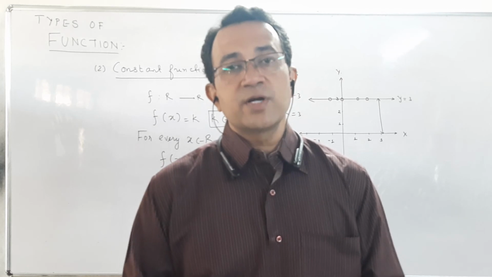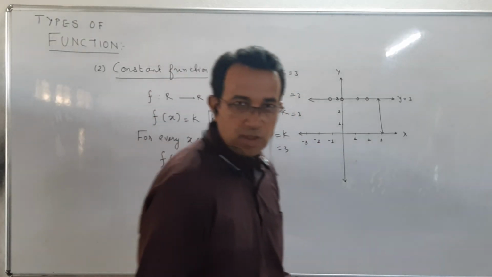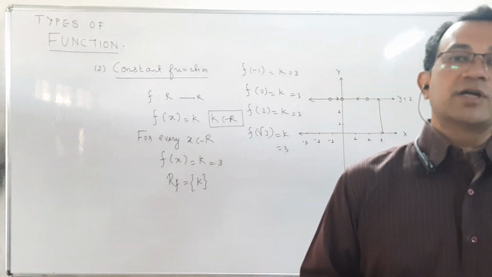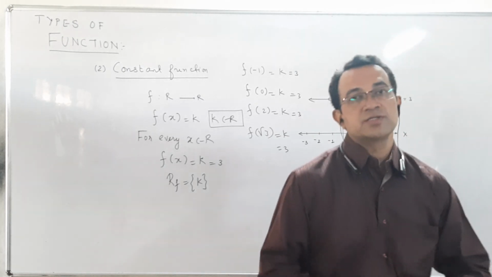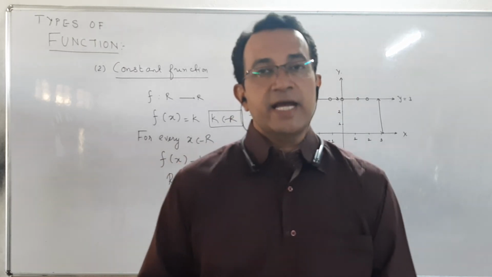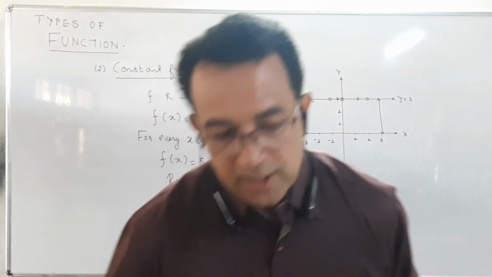Then graph of this function is a horizontal line, which is always parallel to x-axis. So graph of a constant function is a horizontal line, parallel to which axis? X-axis.